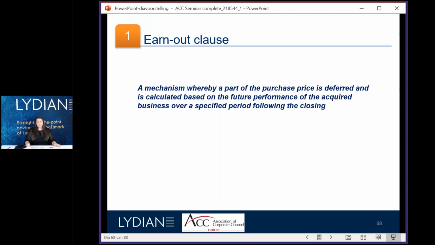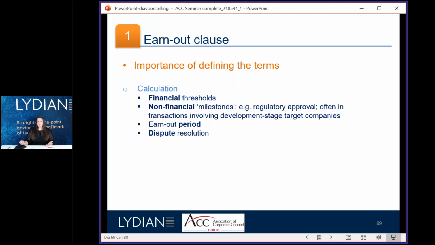So to keep in mind, with respect to the future performance and how the earnout will be calculated, financial thresholds are of course often used, but for an early development stage company, you can also take non-financial milestones, such as, for example, the obtention of regulatory approval.